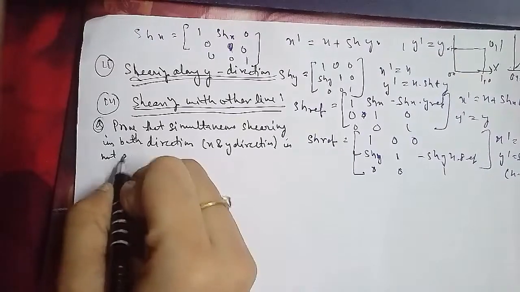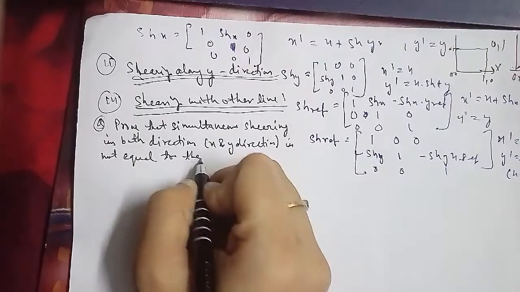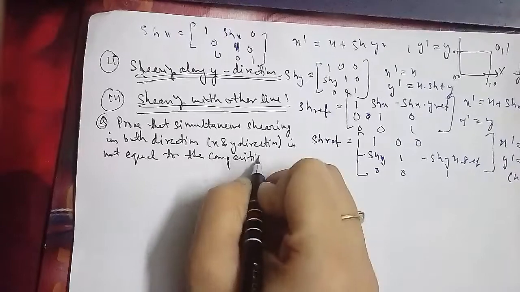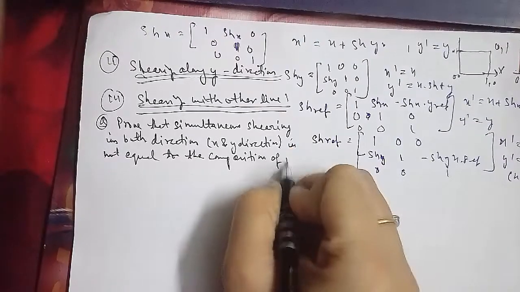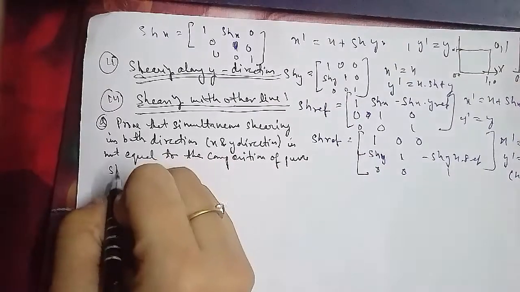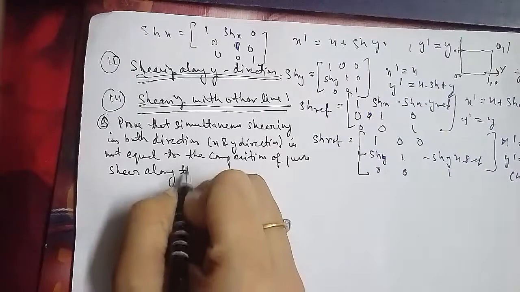We know that the simultaneous shearing matrix for the x and y axis is: 1, shx, 0; shy, 1, 0; and 0, 0, 1.